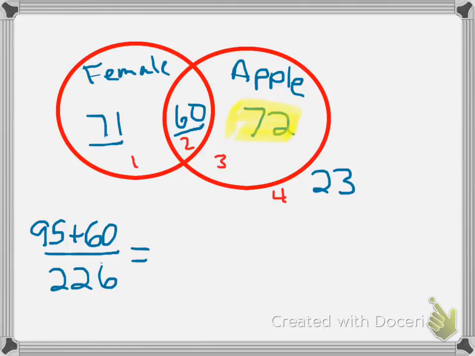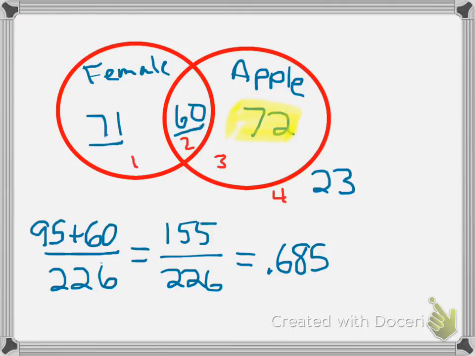Whenever you do 95 plus 60, you get 155. So 155 out of 226, that's the fraction we're working with. 155 divided by 226, and you will get something like 0.685. If we change this to a percent, move the decimal over or multiply by 100, whichever way works for you, you've got 68.5% of the people in this survey were either male or they had an Apple product.